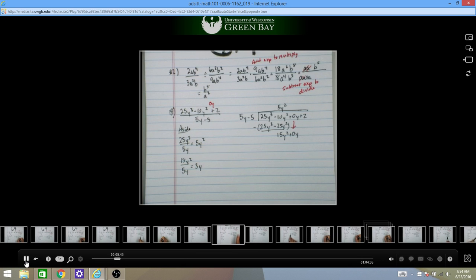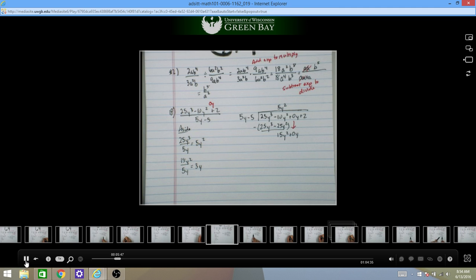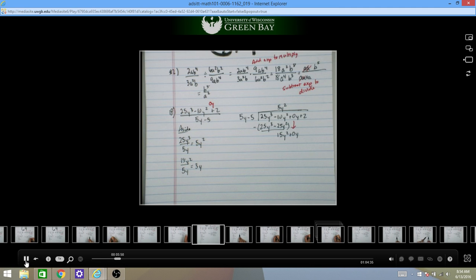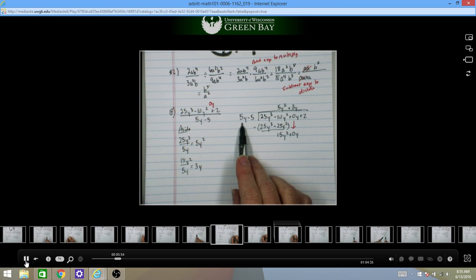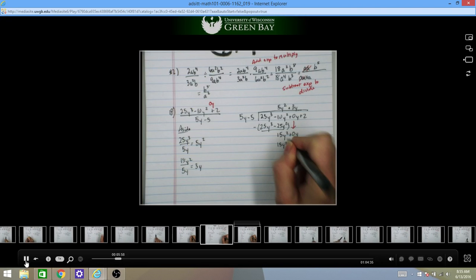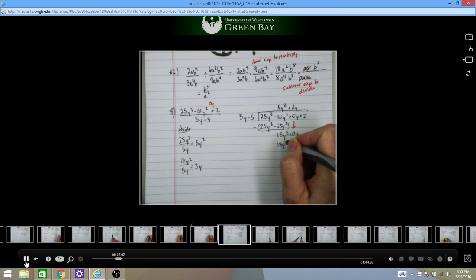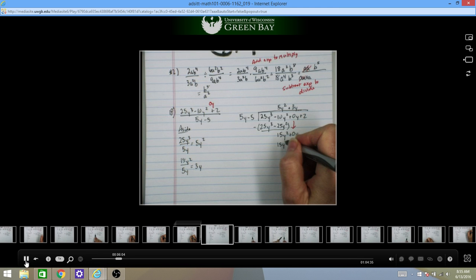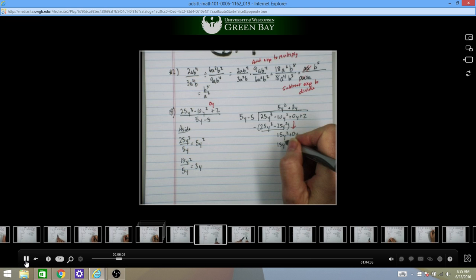Then take the 3y and distribute it. So 3y times 5y is 15y squared. And 3y times negative 5 is negative 15y. So that's what we're subtracting. So the 15y squared subtract away, but we get a negative 15y, so that's positive 15y.